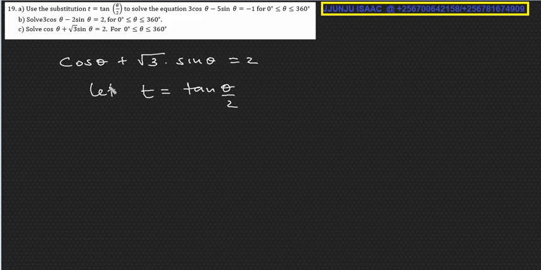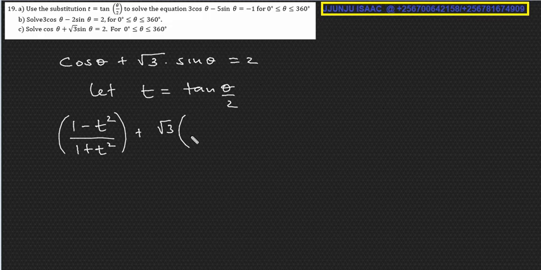So now I'm going to do this. So let us see, we substitute for cos, which is 1 minus t squared over 1 plus t squared, then plus root 3, which would be 2t, this sin is 2t over 1 plus t squared equal to 2. Then you can multiply this out.